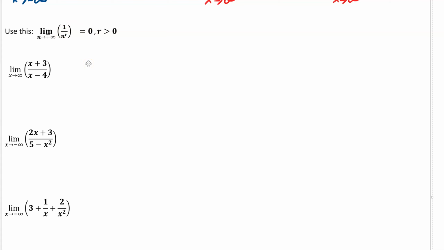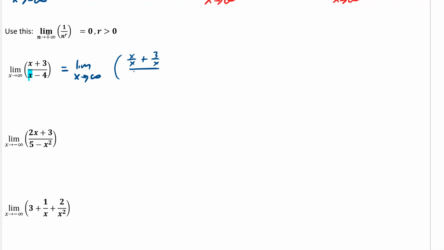So I'm going to show you two different methods, the standard one and then a different one involving factoring. So what we want to do is rewrite the limit as x approaches infinity. And then you take the denominator, the degree of the denominator. So in this case, it's an x. And you want to divide every single term by x.